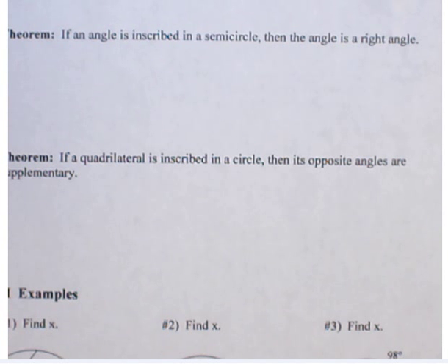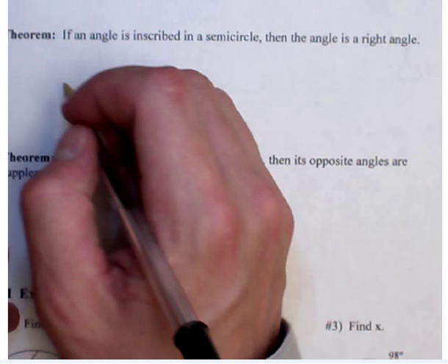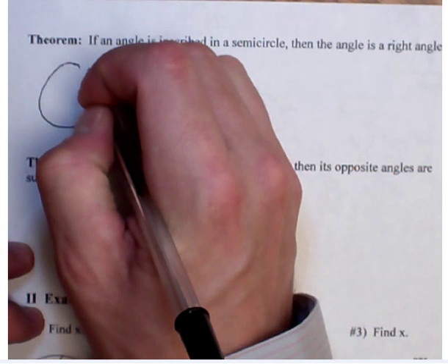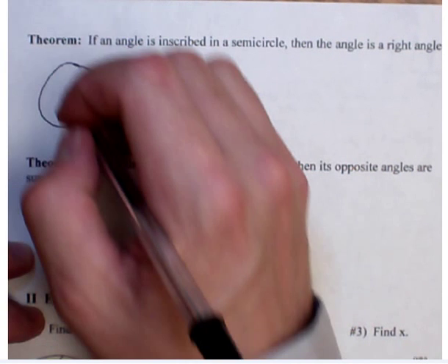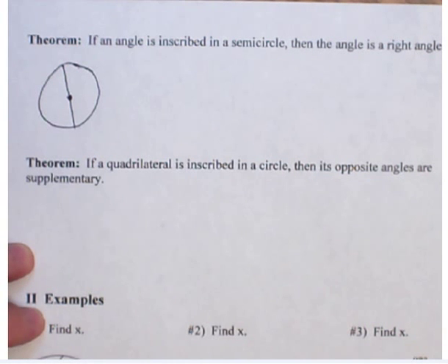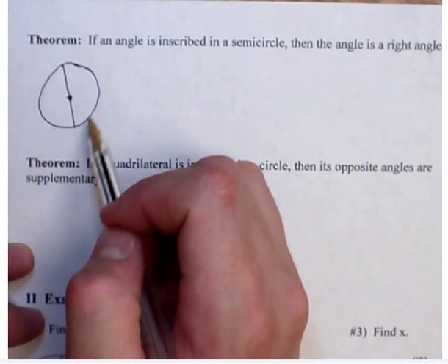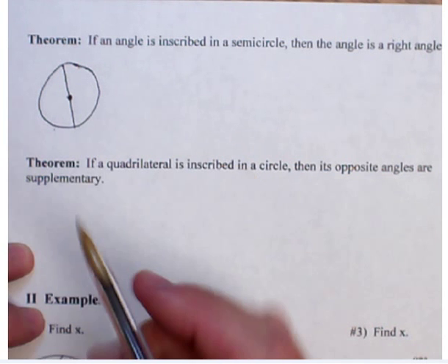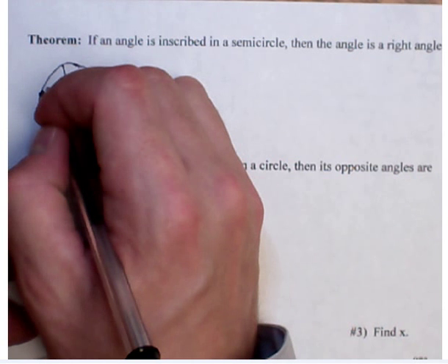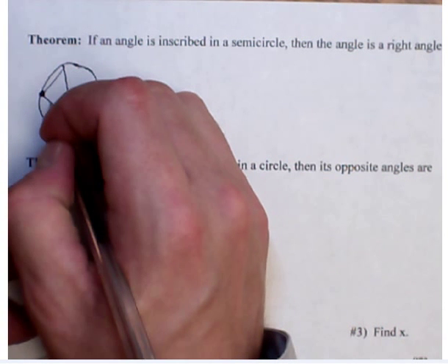So let's draw a circle. Let's draw a diameter, because that will create a semicircle, right? We have two half circles now, two semicircles. And let's pick a point on the circle, and then we'll create an angle.